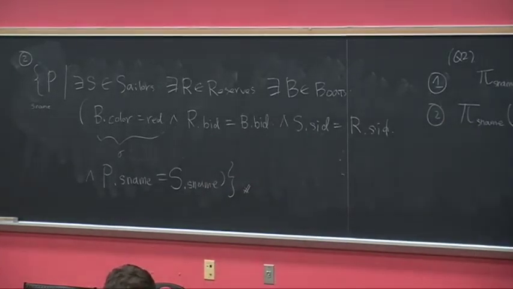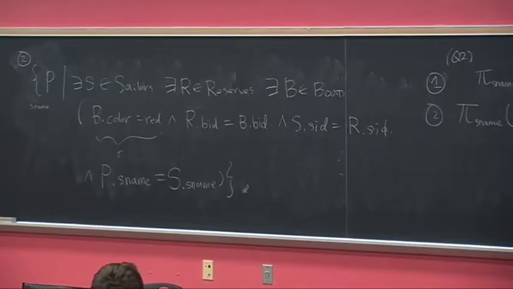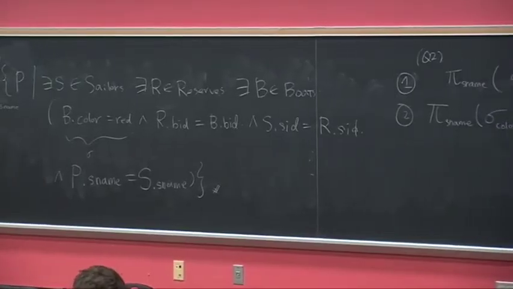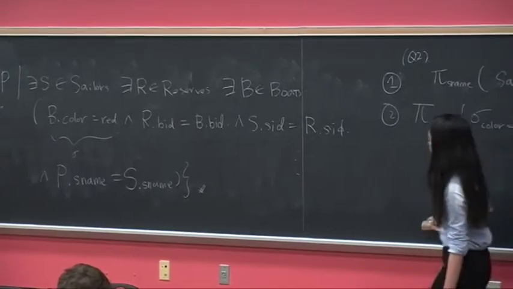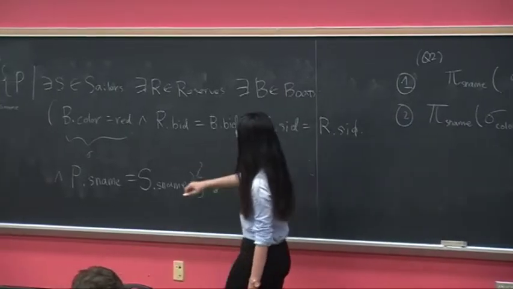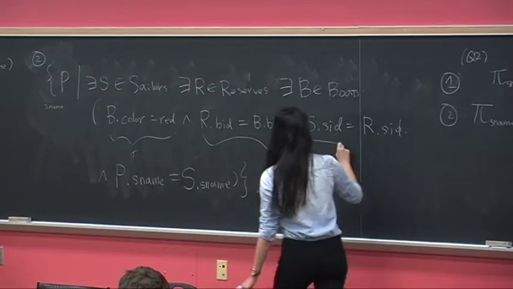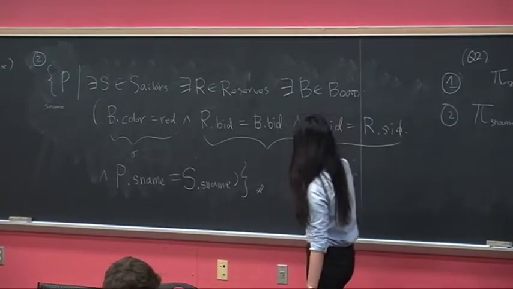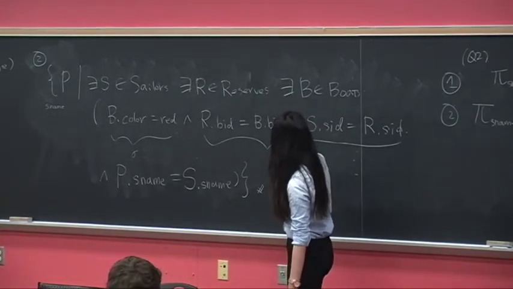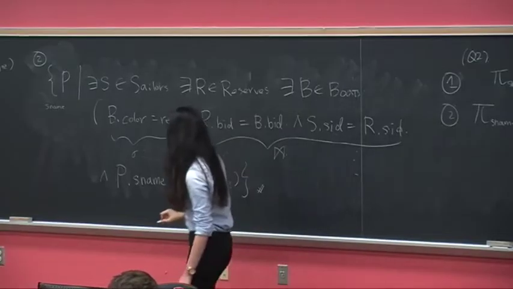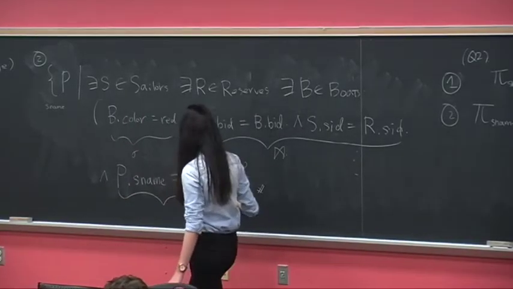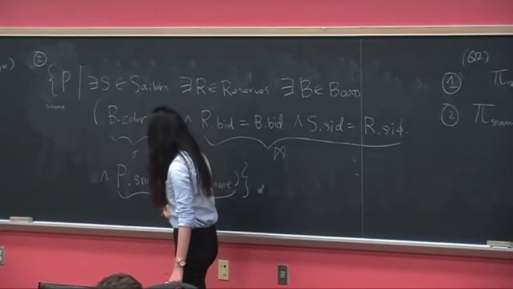The second one. So you also can see here, this term we take care of the selection. This term we take care of the join. Finally, we take care of projection.